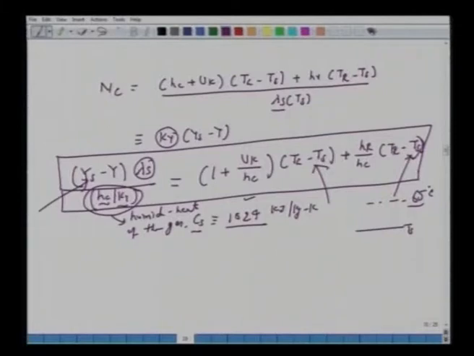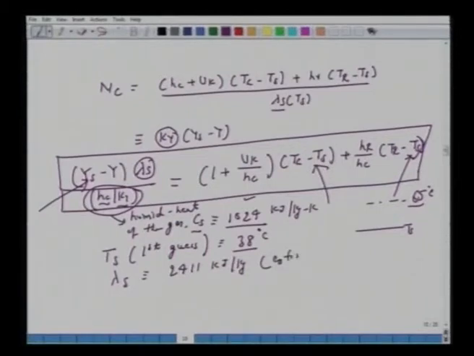Let's say the first guess for TS is 38. This is the first guess, so let's say surface temperature is 38 degrees centigrade. Once we fix TS, lambda S we can obtain from the textbook or handout as 2411 kilojoule per kg. So it's an estimated value at TS.